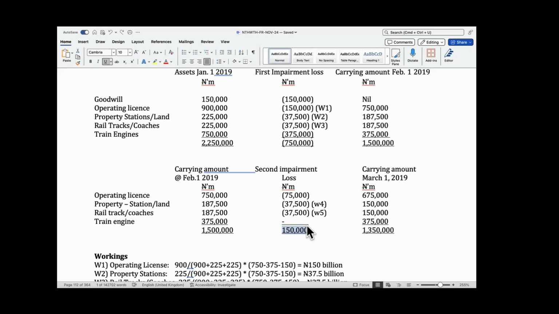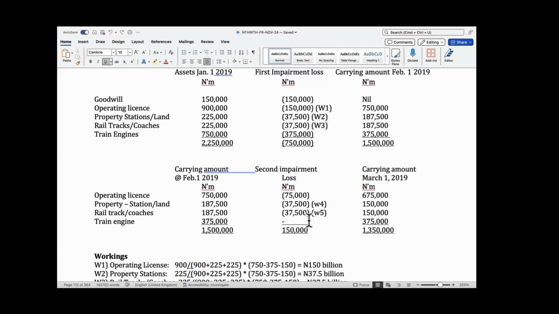So how do we get that done? Similar to what we have done, but care has to be taken. You need to be very careful because when you are allocating impairment loss, I told you that you must not reduce the carrying amount to a figure that is lower than the highest between fair value, value in use, and zero.